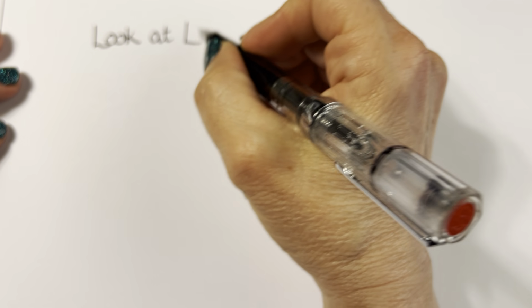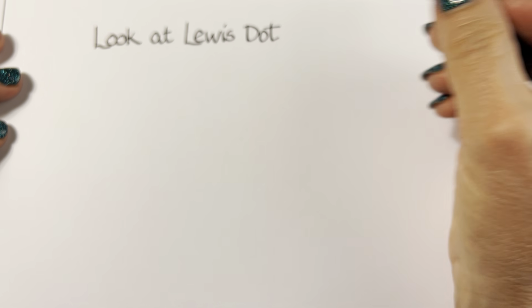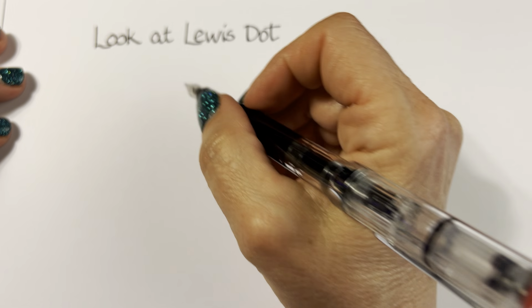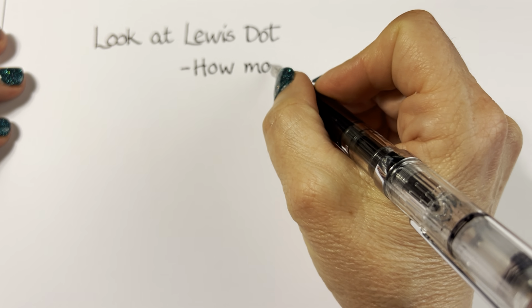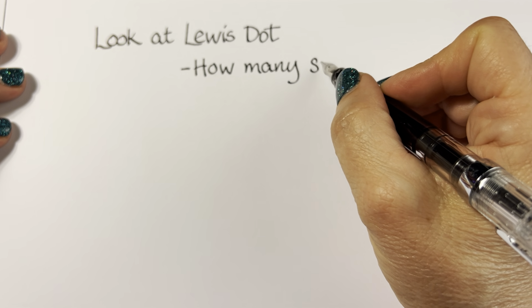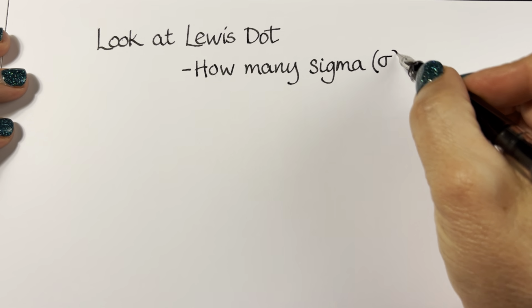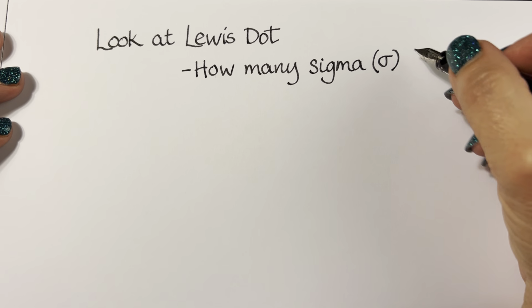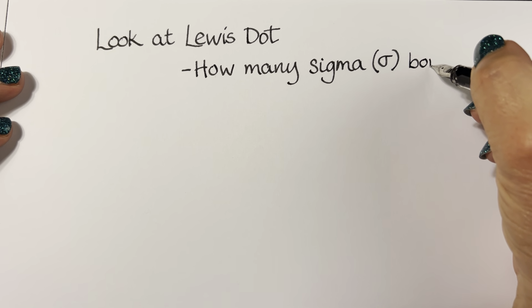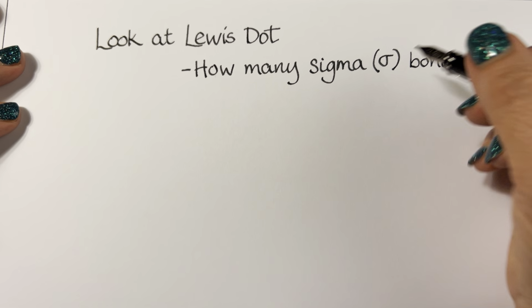And you want to ask yourself some questions. One is, how many sigma bonds are there? I'm going to write out the word sigma, but of course, the Greek letter sigma is what we usually use. So how many sigma bonds? And all this has to do with the central atom.